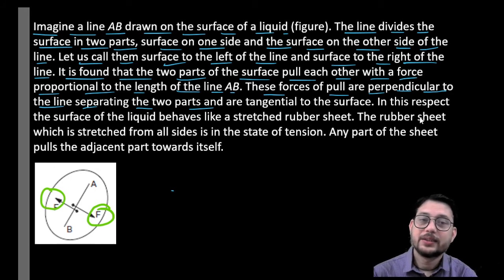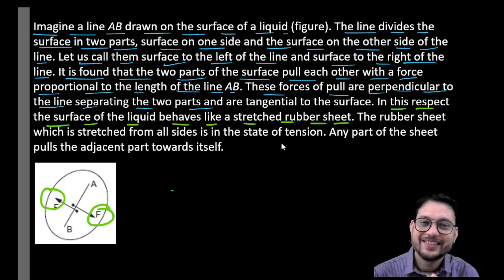In this respect, the surface of the liquid behaves like a stretched rubber sheet. This is a natural, God-given concept.